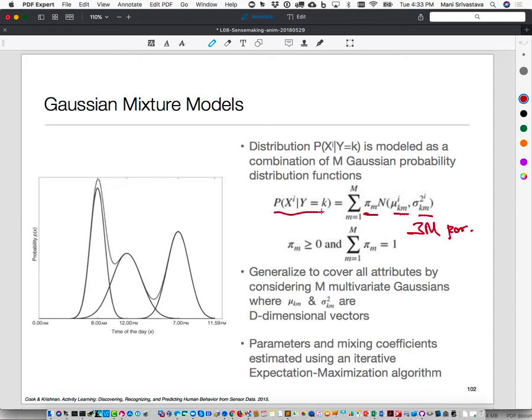And you could generalize this if I had multiple attributes, then we basically say that each Gaussian here is actually over all the attributes. So it's a multivariate Gaussian. So their mean and sigma will have dimensionality d, where you have d attributes. So they become d-dimensional vectors.